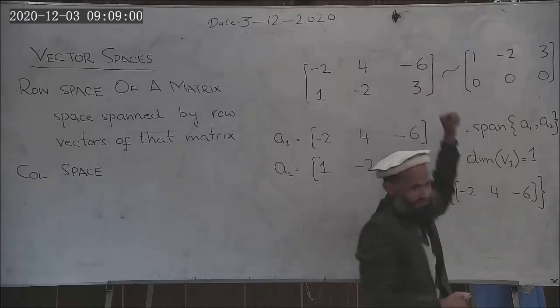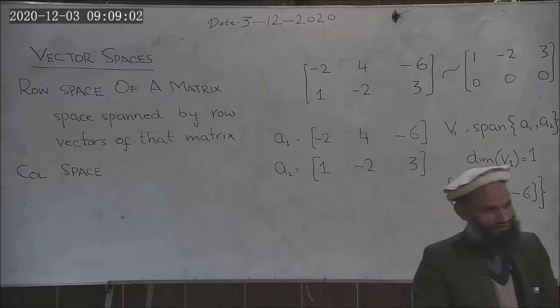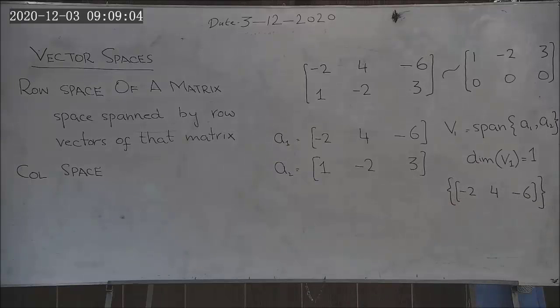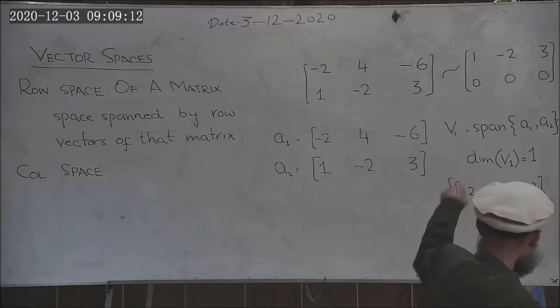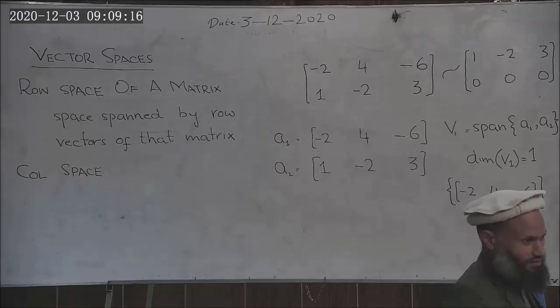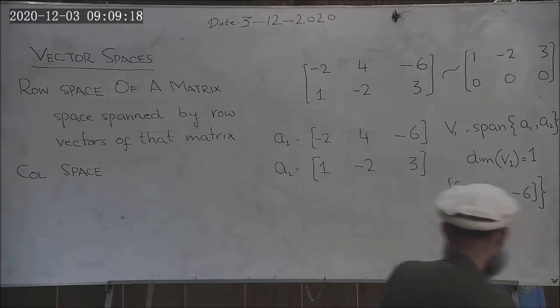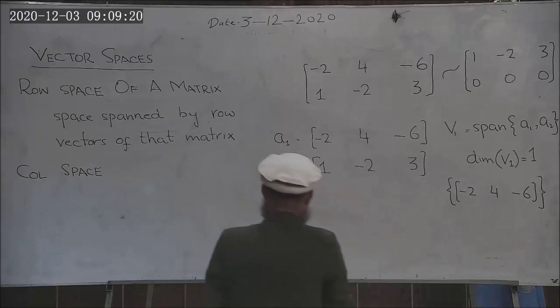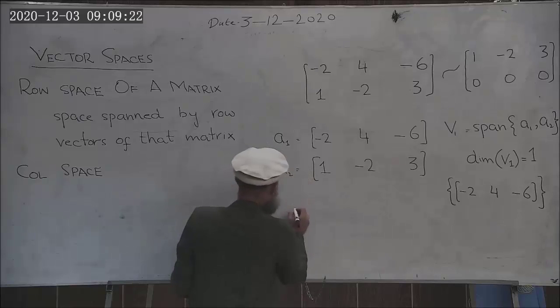That means there is one linearly independent row vector, or there is one linearly independent column vector. So there are 3 column vectors, and there is only one linearly independent column vector, and therefore the column space is the space spanned by the column vectors.